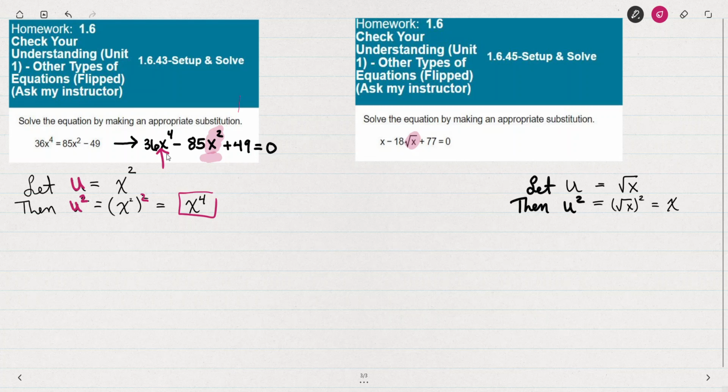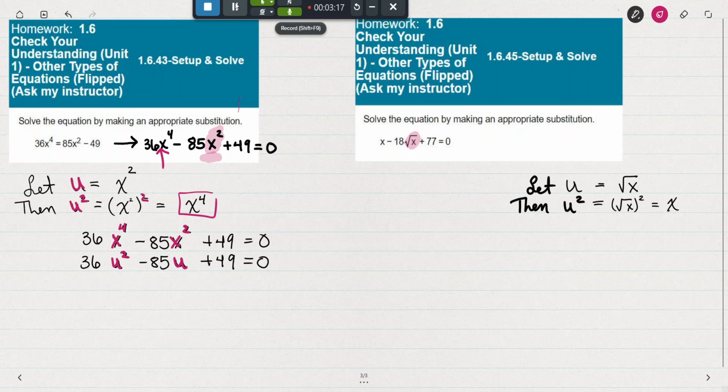So if I make this substitution, then this 36x to the fourth becomes 36u squared because x to the fourth, we're substituting in the u squared. Minus 85x squared becomes minus 85u because we're substituting a u for the x squared. Plus 49 equals 0.